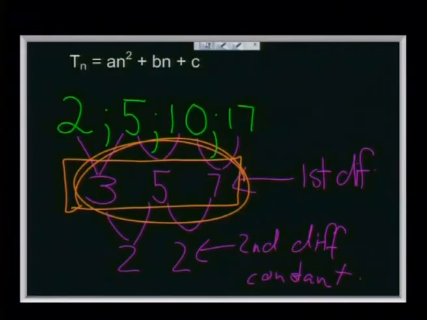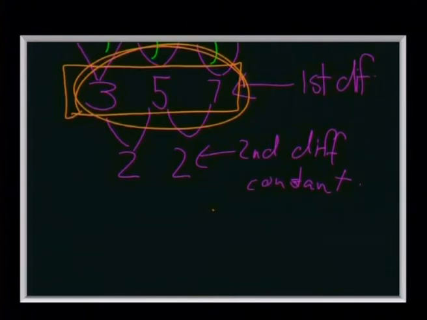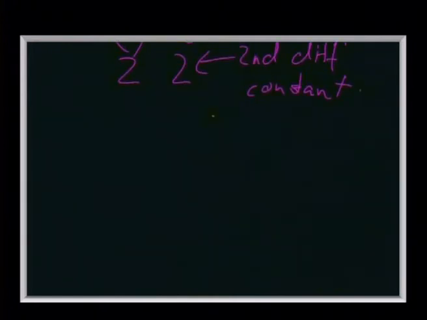Right. So basically what we need to do is find the values of a, of b, and of c. Sometimes there isn't a b term, but that doesn't matter. So how I do it is I start off by saying to myself, what is my second difference? My second difference is 2.